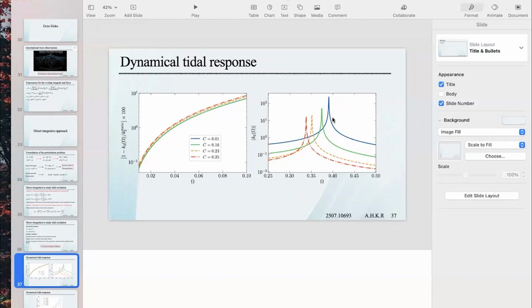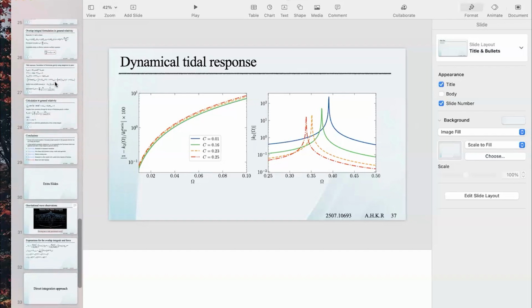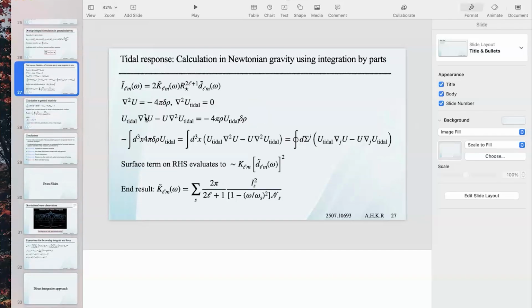Okay. And in equation 27, you say that the surface term evaluates to this K_LM by arguing that the tidal field goes as R to the L while U goes as R to the minus L minus 1.